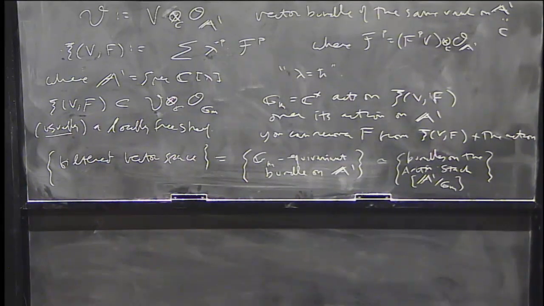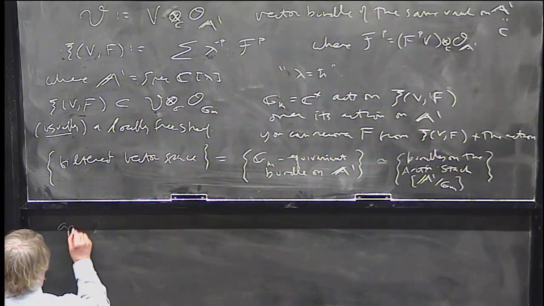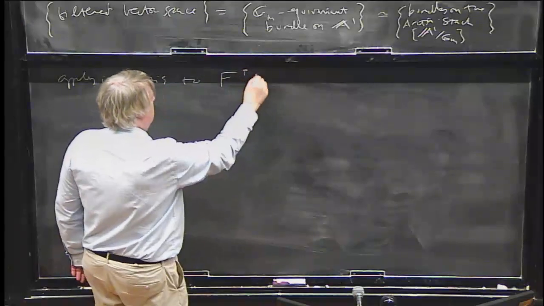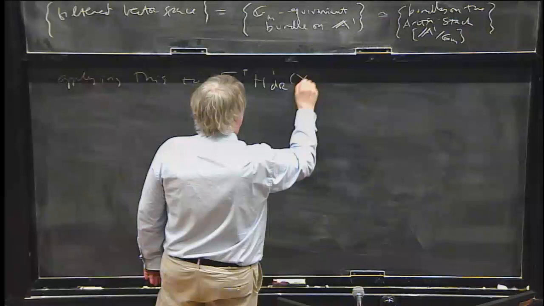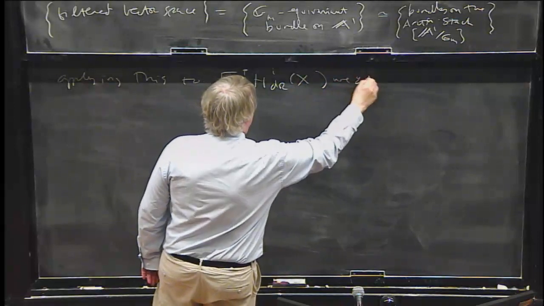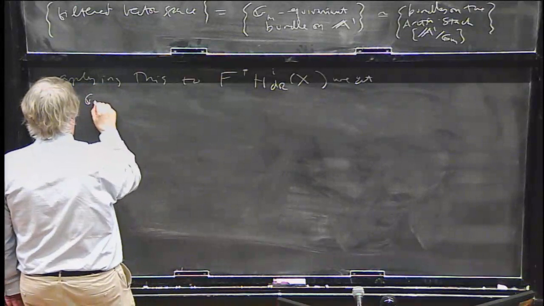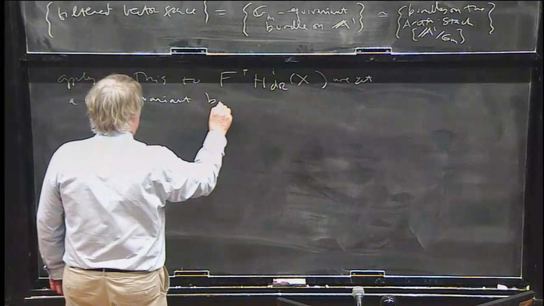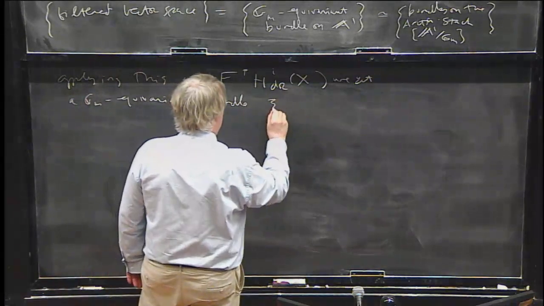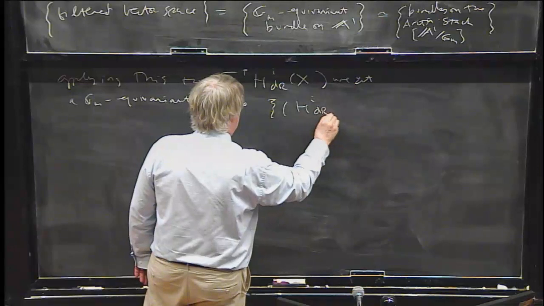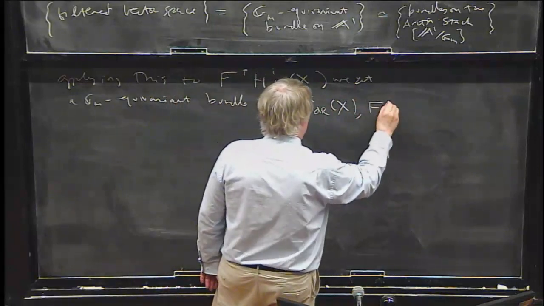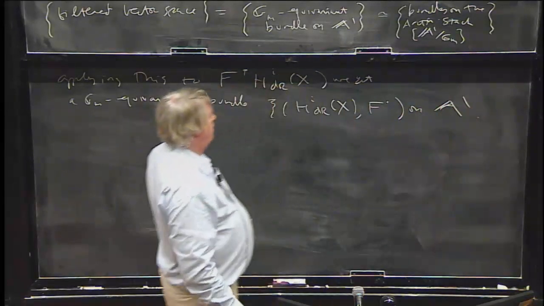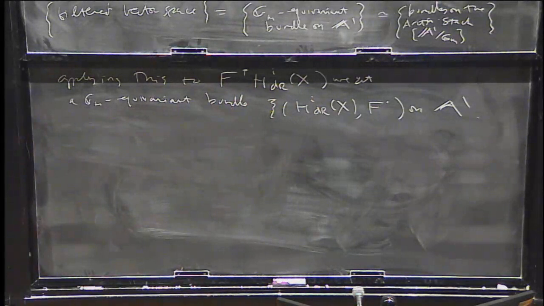Applying this to our Hodge filtration, we get a vector bundle on the affine line with a C star action.